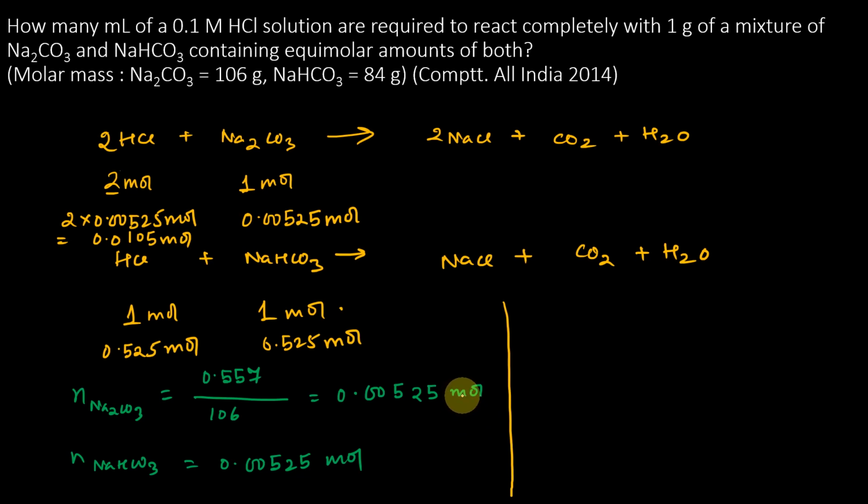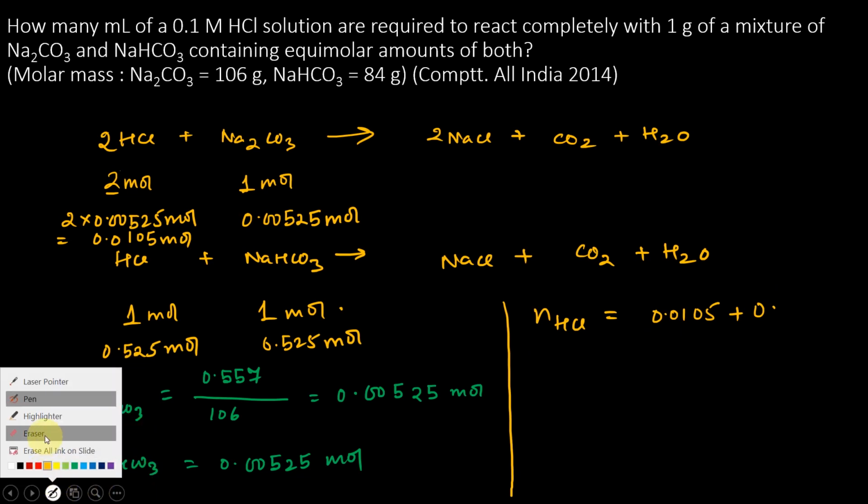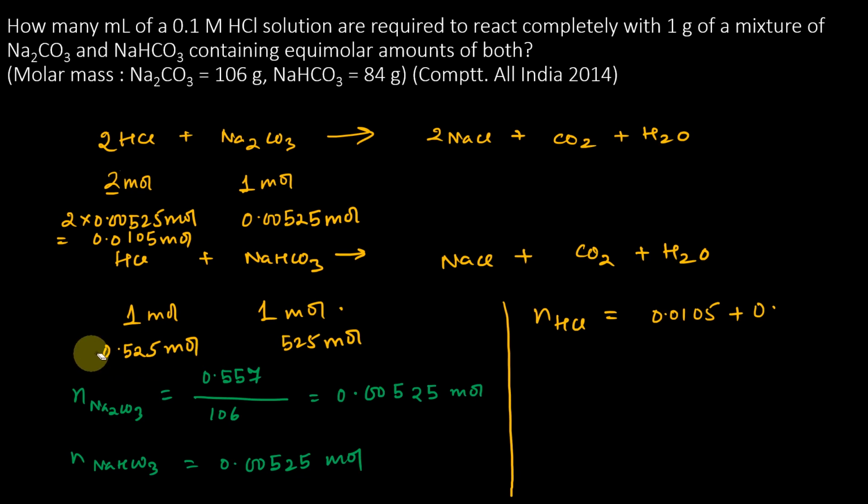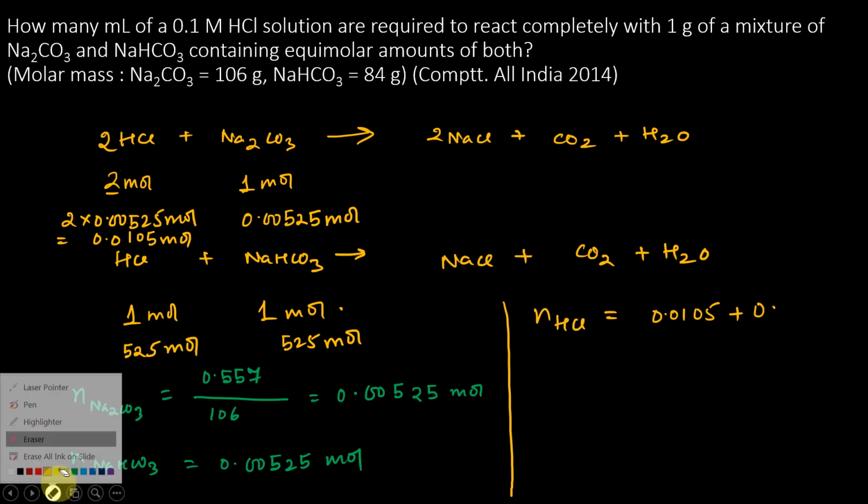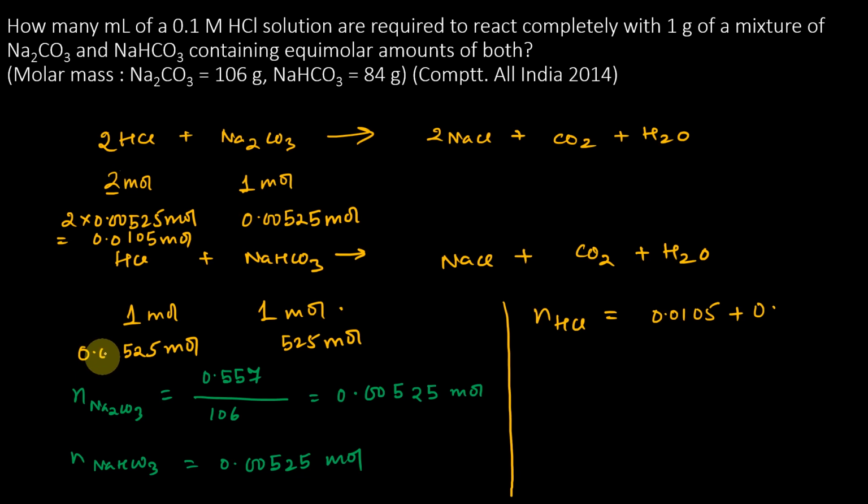Okay, so now the total number of moles of HCl required is actually, from the first case it is 0.0105, in the second case it is 0.00525. okay, so it is 0.0105 plus 0.00525, all right, so if you do the calculation it will come out to be what?